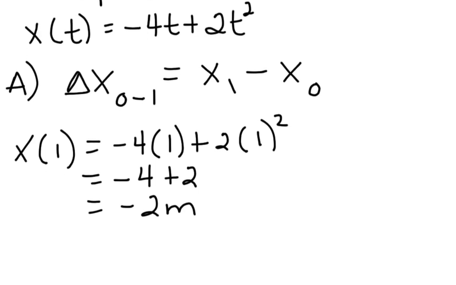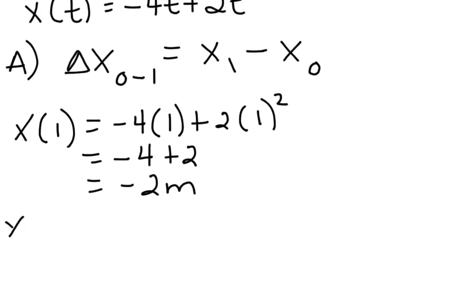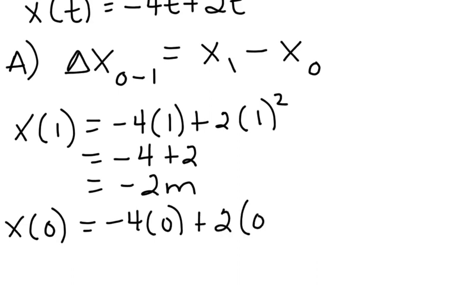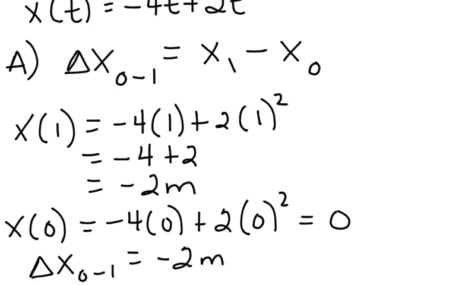Now, what is my position at 0 seconds? That's going to be a negative 4 multiplied by 0 plus 2 times 0 squared. And that's just going to give me 0. So my displacement from 0 to 1 seconds is going to be negative 2 meters minus 0 meters. Gives me a value of negative 2 meters.